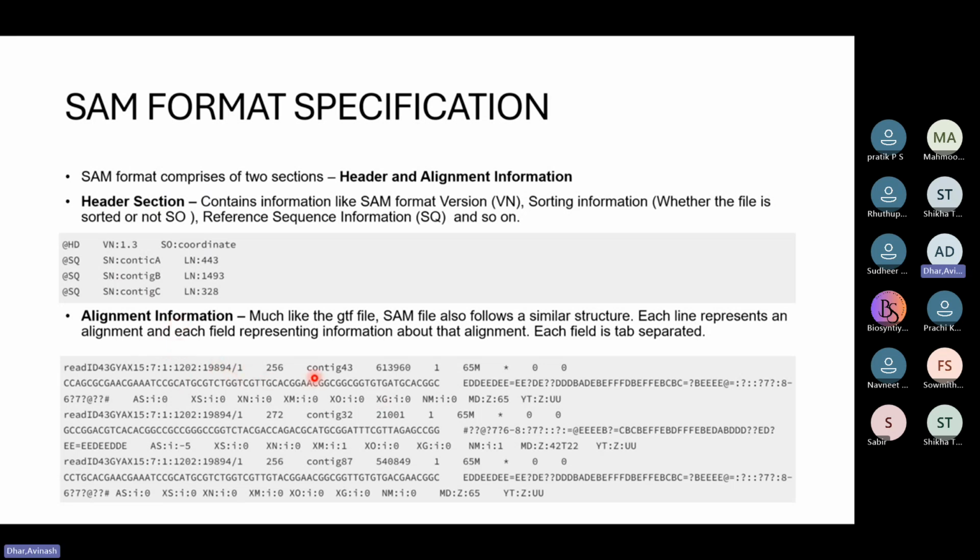Now the structure of the SAM or BAM file is similar to the GTF file, as in you have different columns and each column follows a similar format. So if you look at the first column here, it says read ID XYZ/1. Any idea what it would represent?